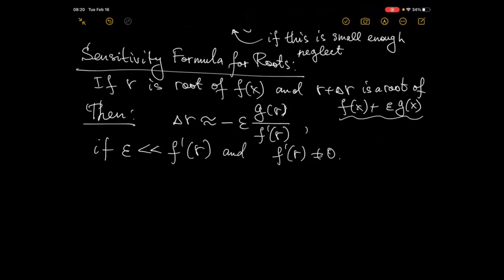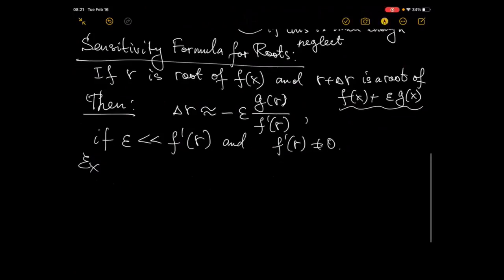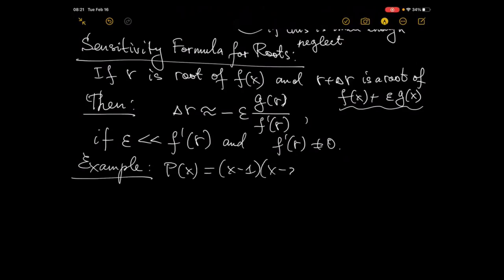So let us do an example. Let us consider p of x, which is x minus 1, x minus 2, x minus 3, x minus 4, x minus 5, x minus 6. So it's just like some shortened Wilkinson polynomial.